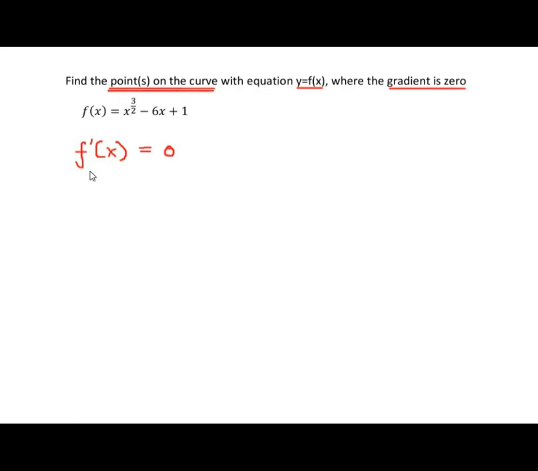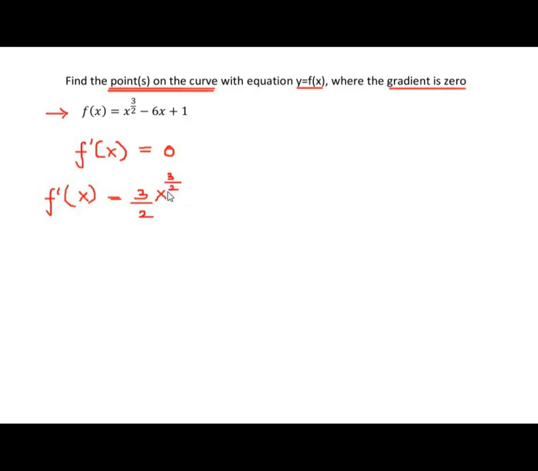So what we are going to do here is differentiate this expression. So f dash of x is equal to x to the power of 3 over 2 could be written as 3 over 2, the power comes down, and x is reduced by 1.